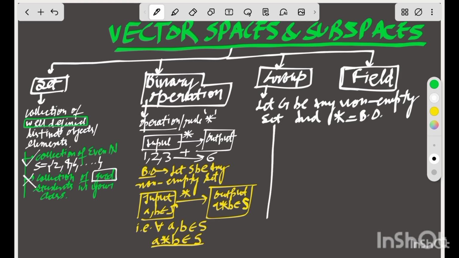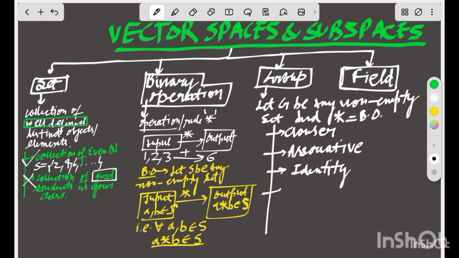What are these 4 properties? One is the closure property. Second is associative. Third is identity. And fourth is inverse.